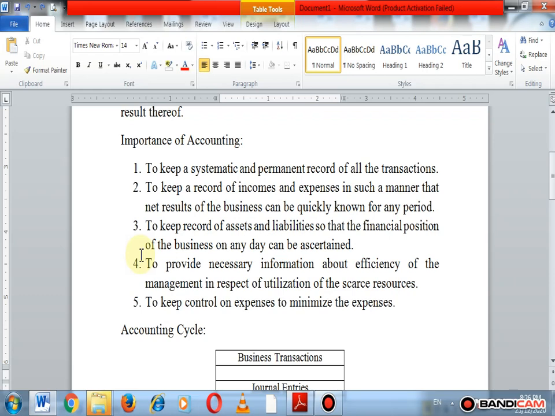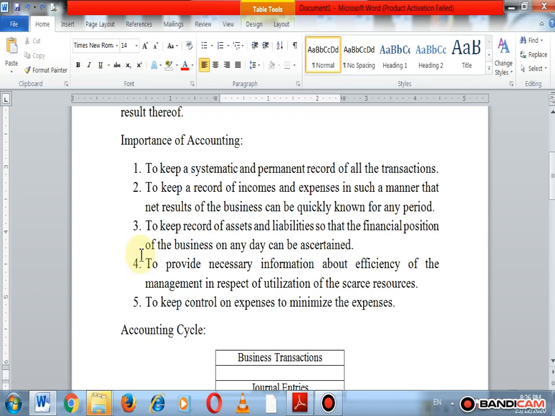Accounting is useful or beneficial for the business organization to record income and expenses of the business organization. It helps to find out the net results of the business, which can be quickly known for any period.